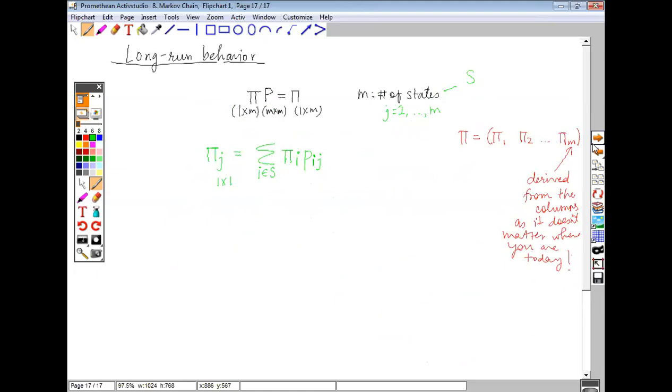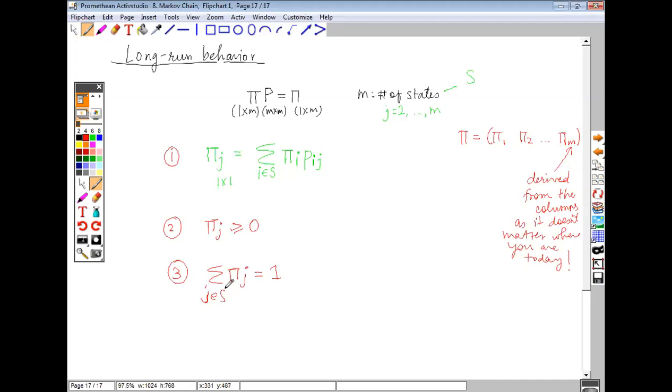And again, what matters next, so this is 1. 2, I know that all of these πj's, because this is some proportion, should ideally be greater than or equal to 0. And I know that all of these πi's should sum up to 1. So that will be my third property, which we generally call normalization, because it adds up to 1, and that will allow you to basically solve your equations.